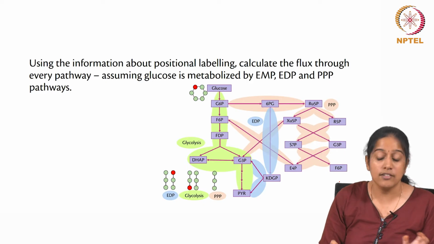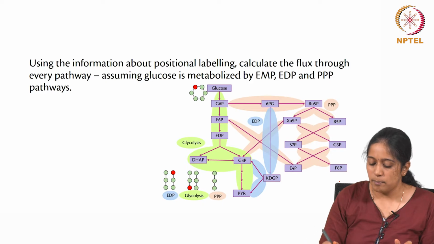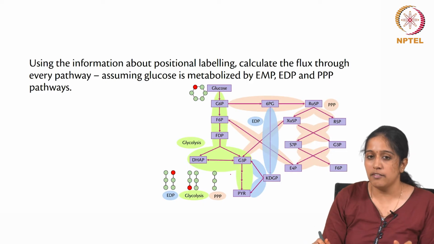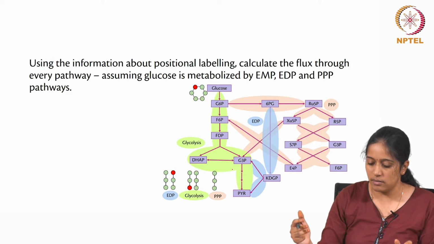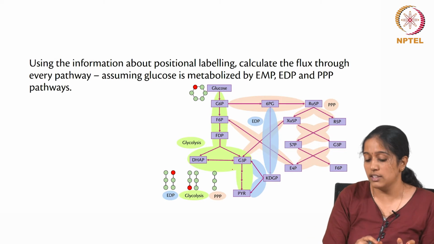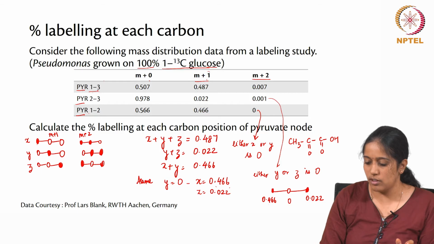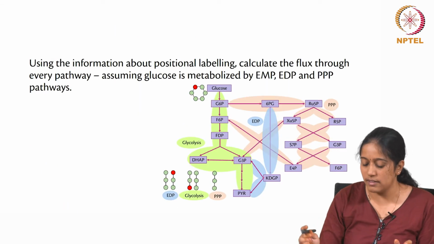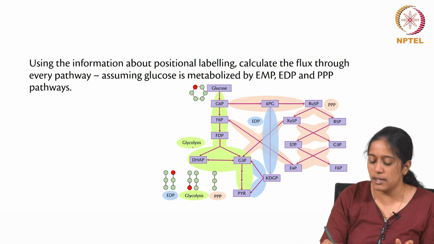So, again, if you recall from the previous lecture, pyruvate can be derived from 3 different pathways, which are most commonly used. Assuming that this organism follows all these 3 pathways, pyruvate can come from glycolysis, EDP, or the pentose phosphate pathway.